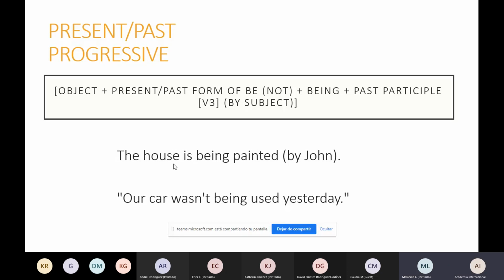The house is vacated but not, or our car wasn't being used yesterday. Sí, esa segunda, ¿cómo se traduciría? Our car wasn't being used yesterday. Nuestro carro no ha sido usado ayer. O no, fue usado. Wasn't being used.